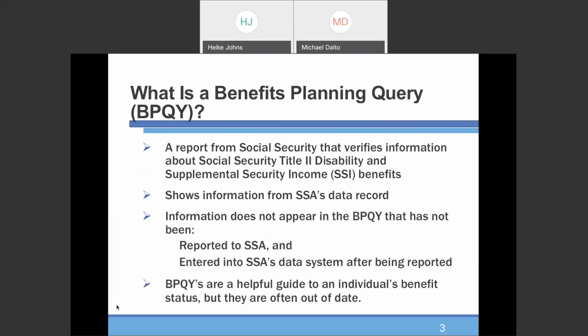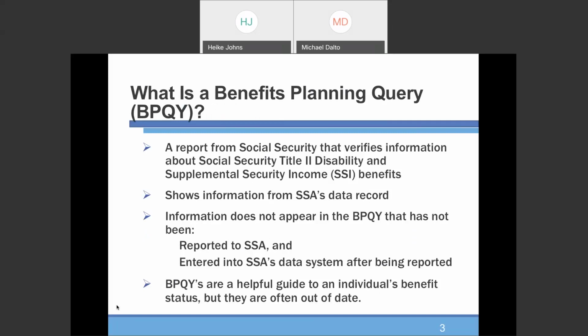So first of all, what is a BPQY? Well, it's a report provided by Social Security that verifies some key information about Social Security Title II disability benefits and SSI benefits.